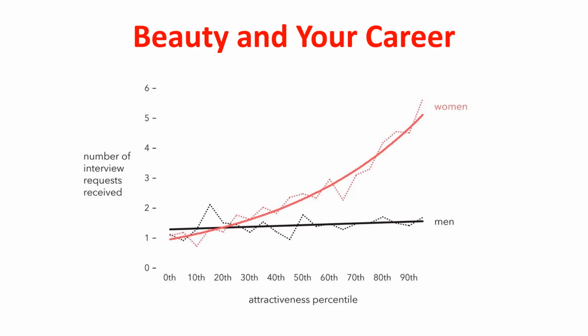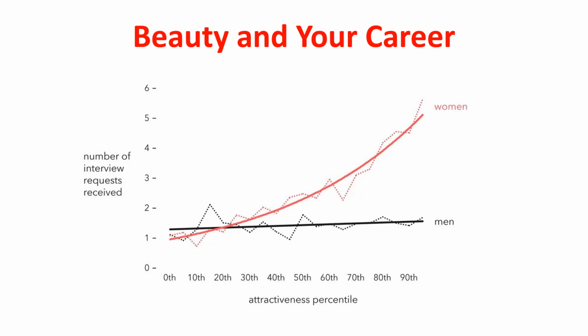The effect of being ranked in a higher attractiveness percentile had a huge impact on the number of interviews they got. So, you know, this is a bad thing, right? This is something that should not be factoring in to the equation. We can show here, not only should it not be factoring in, there's differences in how this affects the two genders, right? So I thought this is an interesting example.